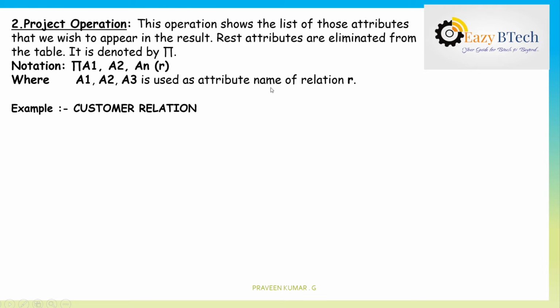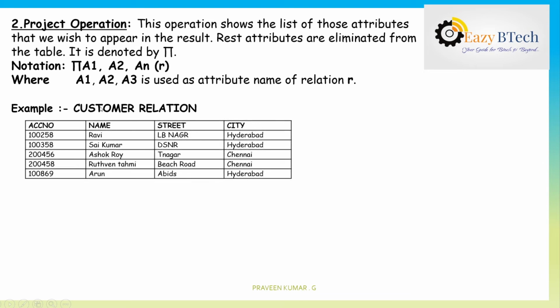We have n attributes, and from them I want to project only a1, a2, a3. If we have a total of 10 attributes and I want only the first, third and eighth, we give pi with those attribute names. Only those attributes are printed.